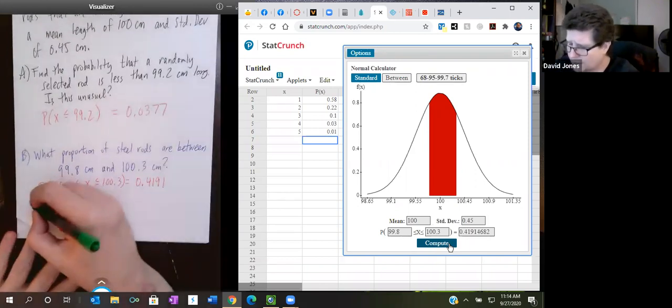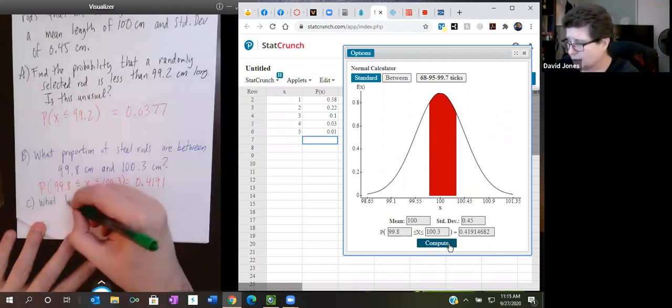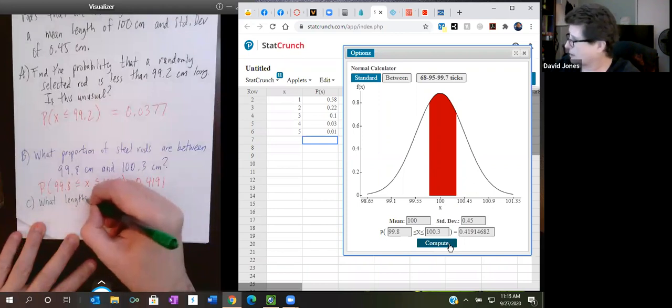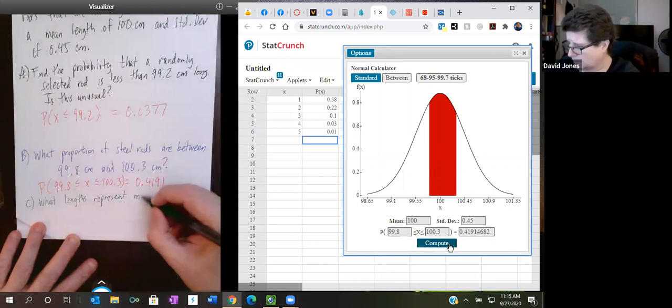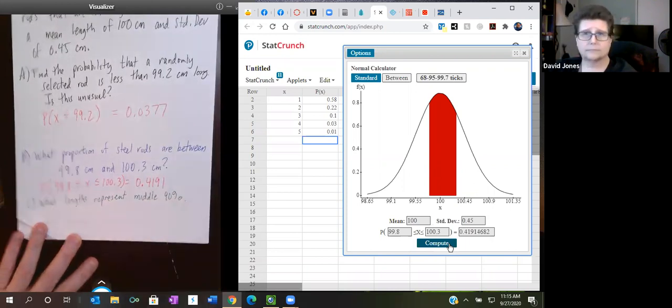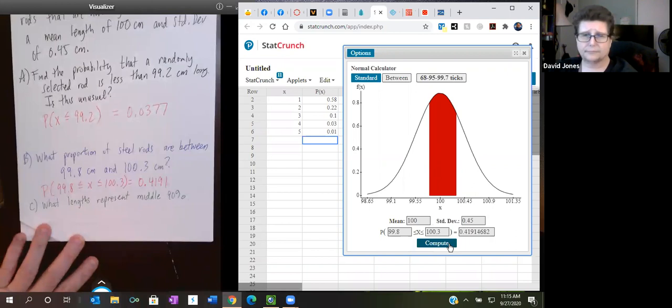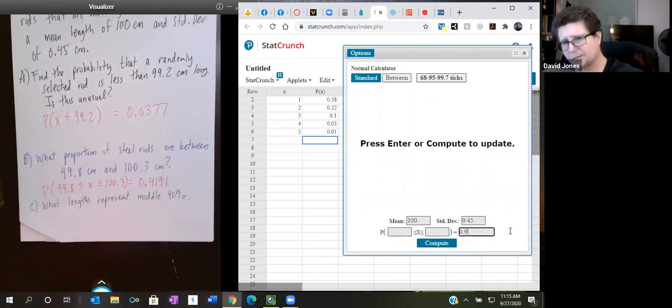I can add in another one. Let's just throw it in there for you. What lengths represent the middle 90%? Well, now I don't know what those scores are, but I want the area underneath to be 0.9. When I type in this box, notice it tells me a probability has to be a number between 0 and 1.